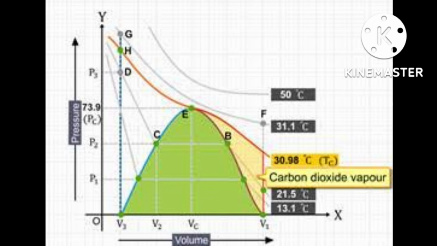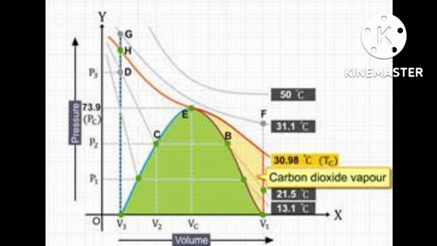That's why it is called continuity. Continuity means it is continuously changing. Gases are continuously changing into liquid, and with any minor change, it goes liquid to vapor, vapor to liquid, liquid to vapor, vapor to liquid. Continuation will be there. And below critical temperature it will be converted into liquid.